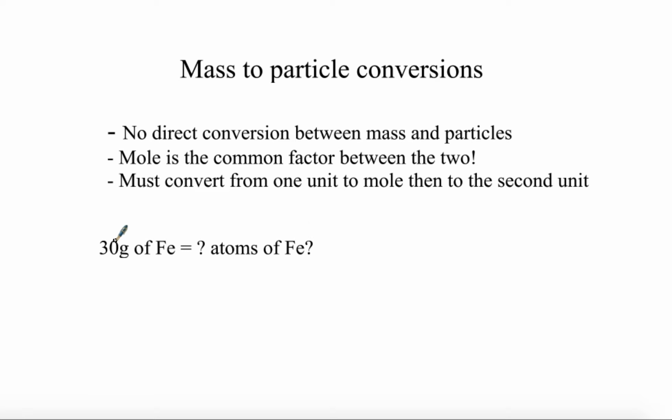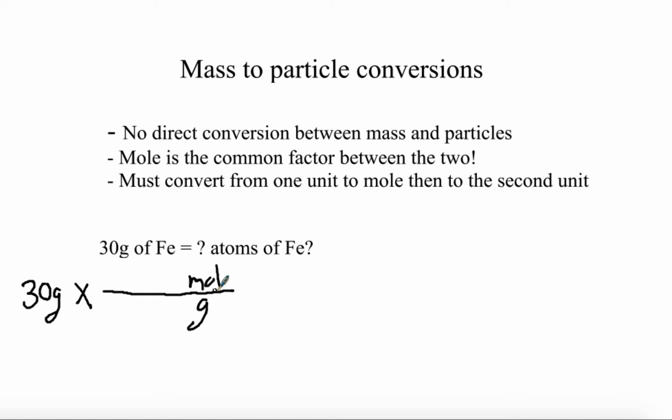So what we're going to have to do is turn our 30 grams of iron into moles and then turn those moles of iron into atoms. We're starting off with our 30 grams of iron times, so we want moles. That has to be our first step because there's no way we're going to find atoms if we don't have moles. Here we have moles and grams.